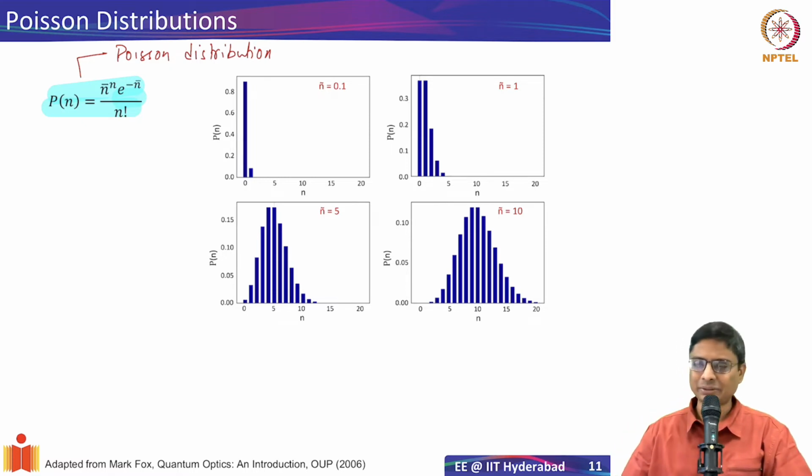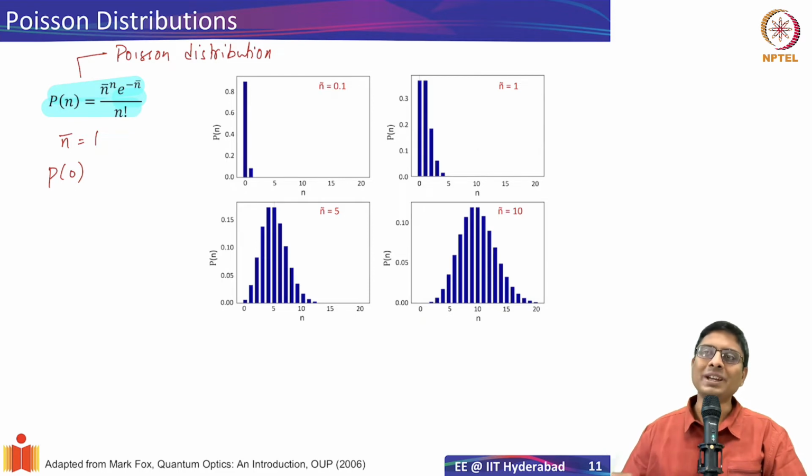Let's consider the case where the average number of photons is equal to 1. So this distribution only has the average number of photons as an input. Now what is the probability of finding 0 photons? You are making a measurement where the average number of photons is 1.